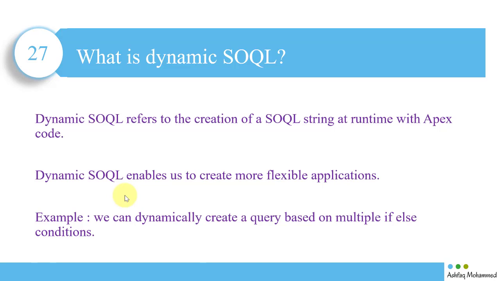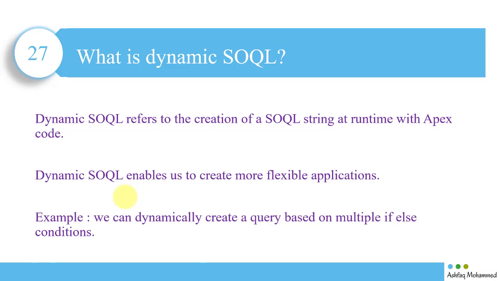I might have some queries which are very specific to a bank, so I can add those to my SOQL query. In the else condition, I can check if type is equal to credit card, and then add all the fields which are very specific to credit card into that SOQL query. So the first time, when the type is bank account, my first SOQL query with bank fields will be executed, right?